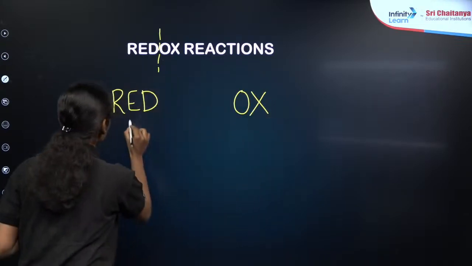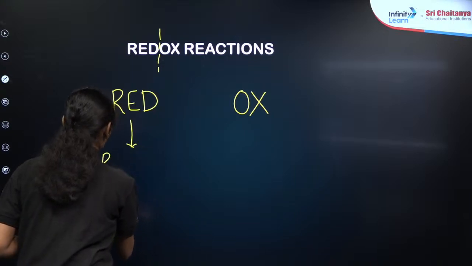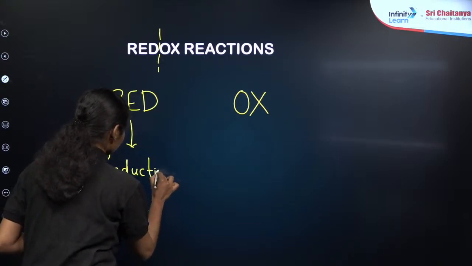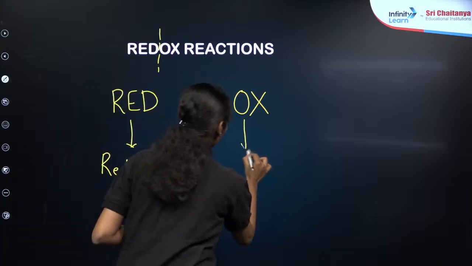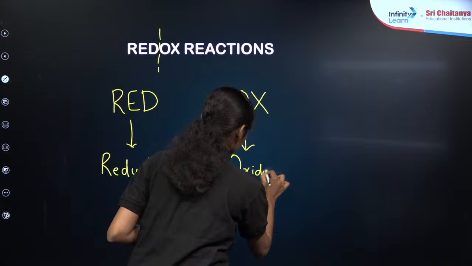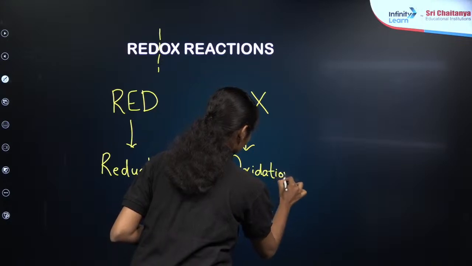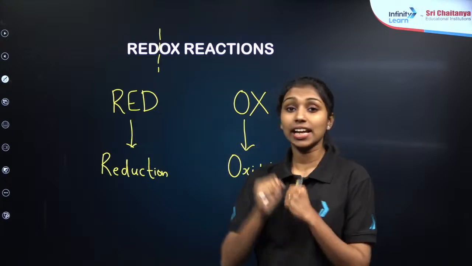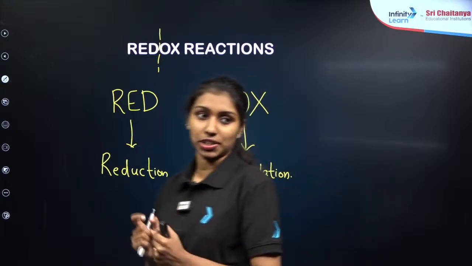Here, red stands for reduction reaction and ox stands for oxidation reaction, which means that a redox reaction is a reaction that contains oxidation as well as reduction. Right?